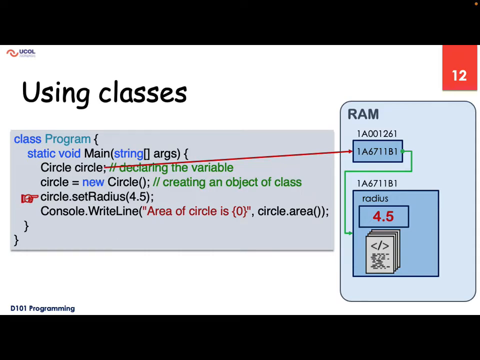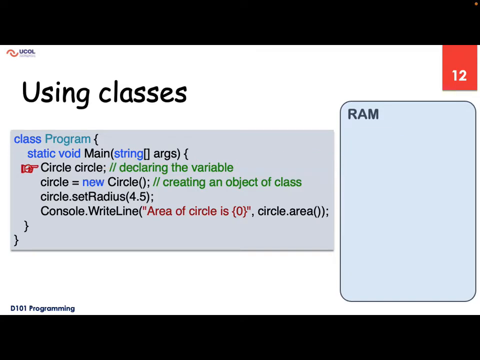Is it clear? So we have a dot to access something inside the class. The variable name, that is circle, and then dot, and accessing something inside the class, and you can only access the methods or the properties or the fields or the constructors which are public. If they are not public, you can't access them like that.